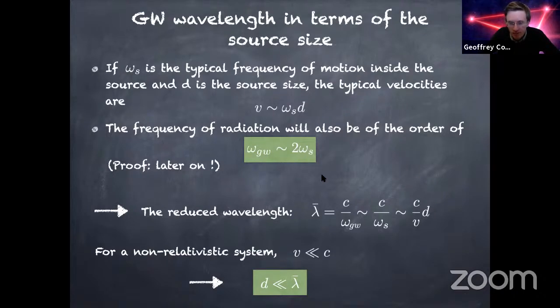If you admit that, then the reduced wavelength of the gravitational waves, which is c over the frequency of the gravitational waves, is roughly c over omega s, which by this relationship is c over vd. So for a non-relativistic system where v is less than c, we also have that d is way less than the reduced wavelength of the gravitational waves. So gravitational waves are much bigger than the typical size of your system.